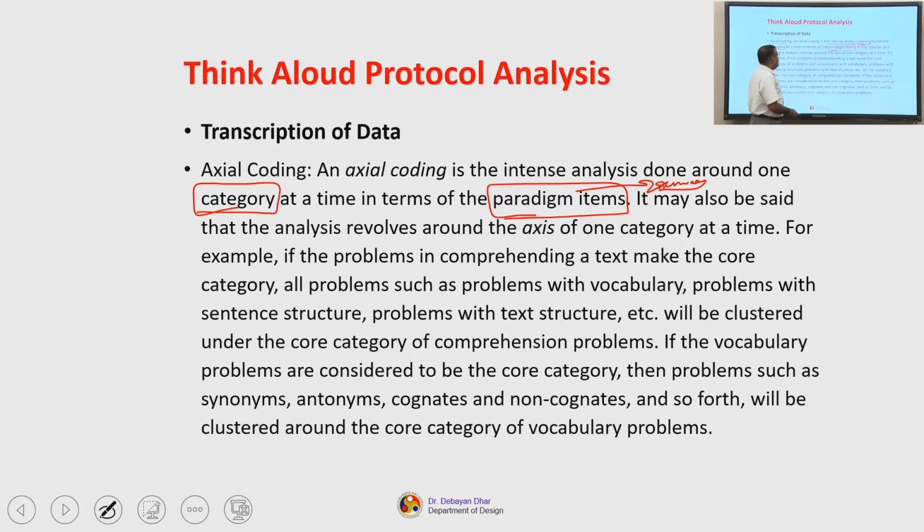So, you can see all these open codes like problems with vocabulary, problems with sentence structure, problems with text structure. All these categories can be clubbed together in terms of saying that these all relate to comprehension problems.